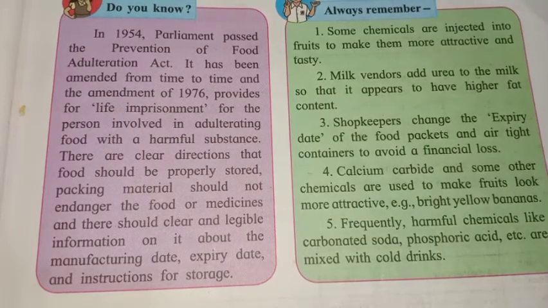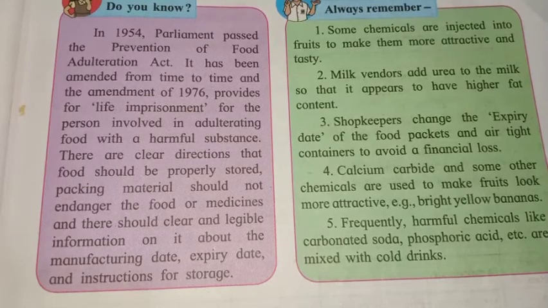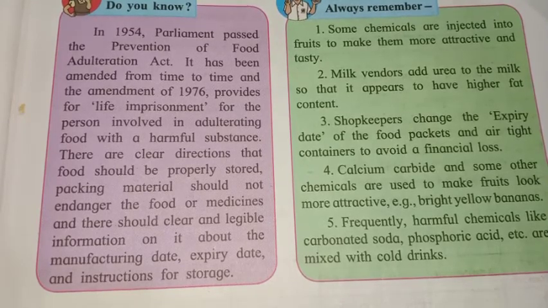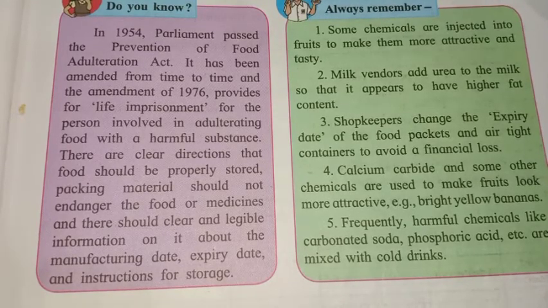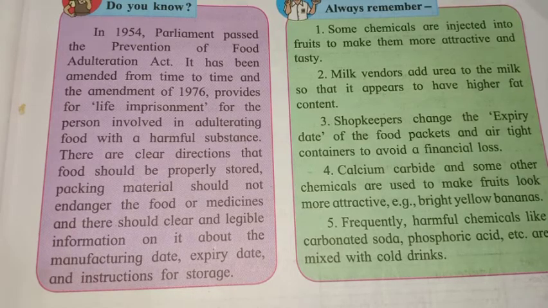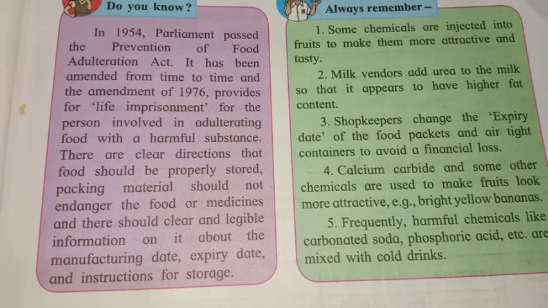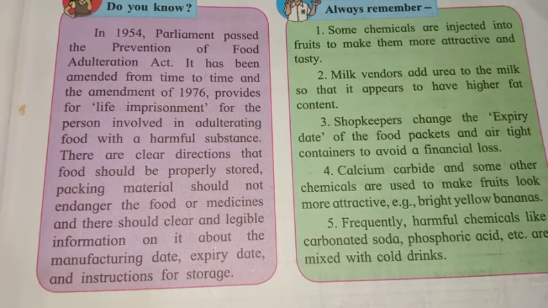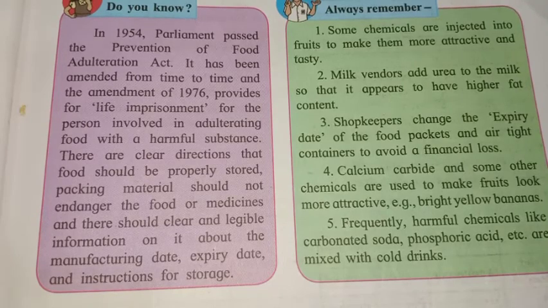Next is, in 1954, Parliament passed the Prevention of Food Adulteration Act, and it has been amended from time to time. The amendment of 1976 provides for life imprisonment for the person involved in adulterating food with a harmful substance.